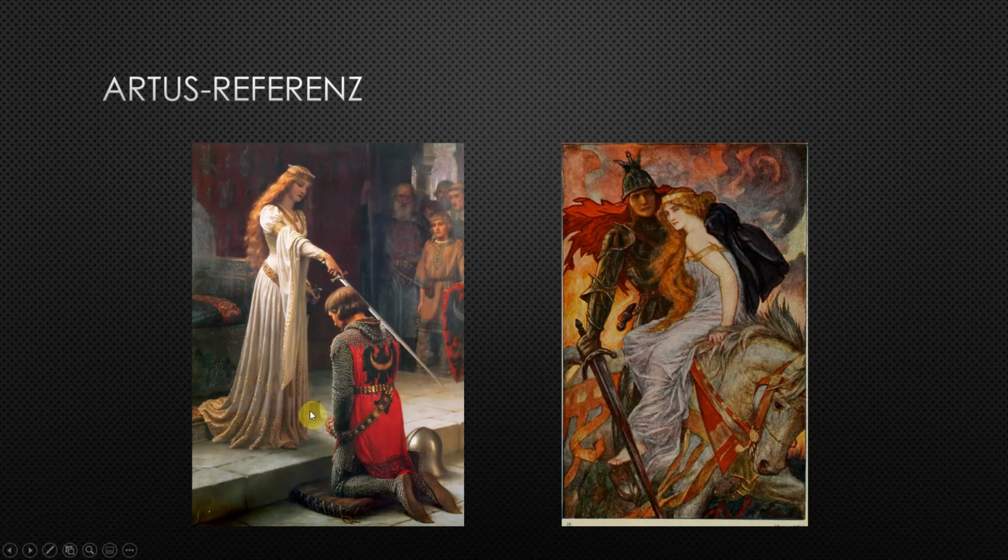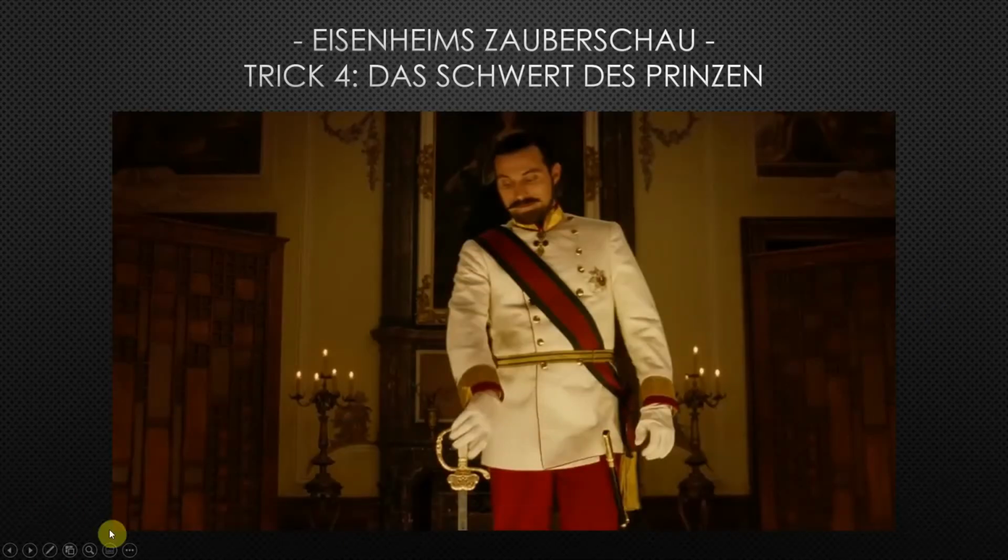She cheats with the knight Lancelot, which is the Dionysian figure in this myth, and they run away. So we have again a cuckolding reference here with the Arthur's trick. And now we take another look at the scene.